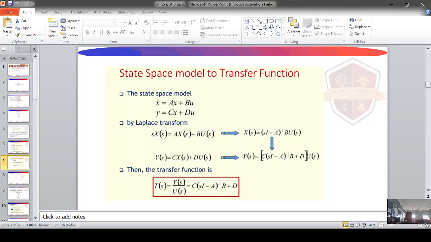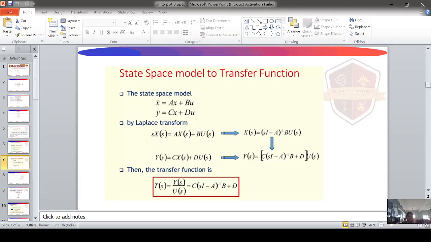Then, state space model to transfer function. In the state space model, we know that x dot is equal to Ax plus Bu, and y is equal to Cx plus Du. By Laplace transform, s into X of s is equal to A into X of s plus B into U of s. So we find X of s is equal to (sI minus A) whole inverse B into U of s.